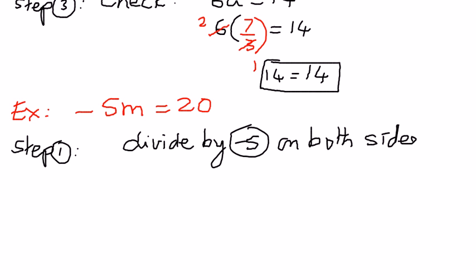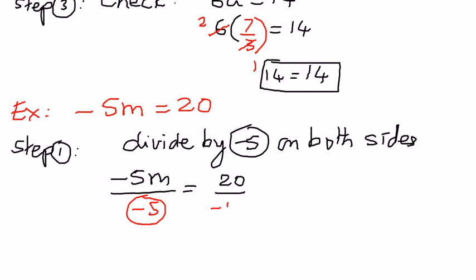And what do we mean by that? Negative 5m divided by negative 5, that is what we are introducing, is equal to 20 divided by negative 5.